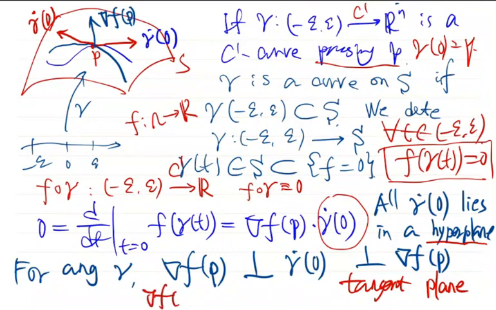So this is the normal vector at P. Okay, so using the chain law, we obtain our desired result. We can find the normal vector for a surface. So this is quite important.